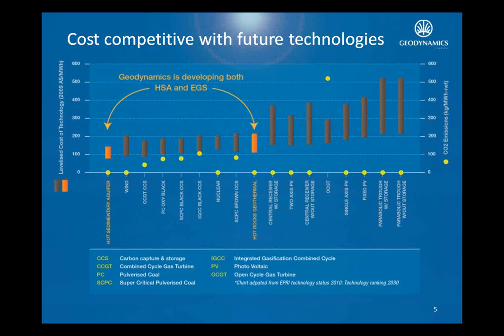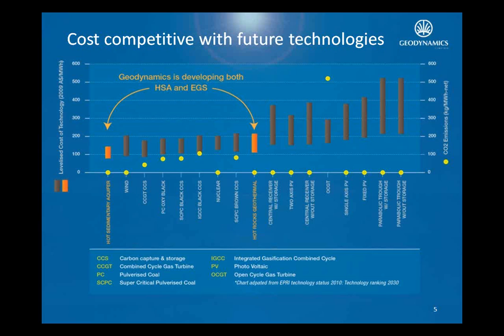You can see the hot rocks geothermal and the hot sedimentary aquifer geothermal being very competitive with developing and emerging technologies, and also having the benefit of zero CO2 emissions. You can compare along that graph with wind, which again has zero emissions but slightly higher costs.